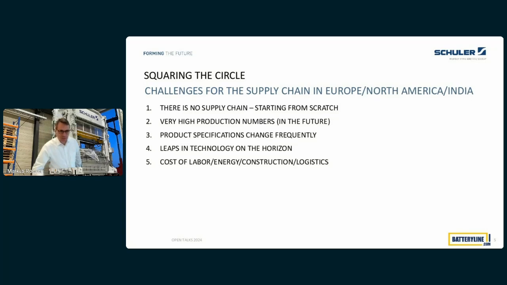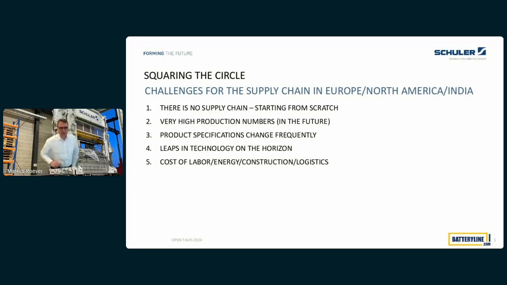We are talking about other chemistries, even solid state. So it is a very volatile situation where you don't know what has to be produced, maybe not tomorrow, but maybe in 3 to 4 years.